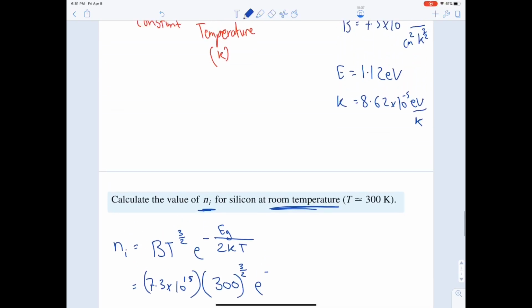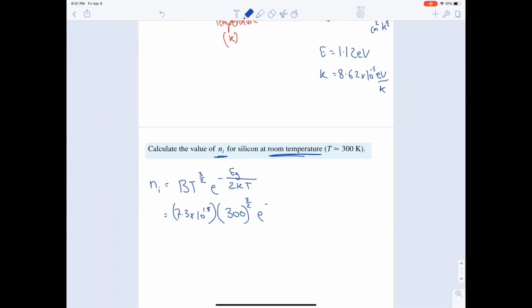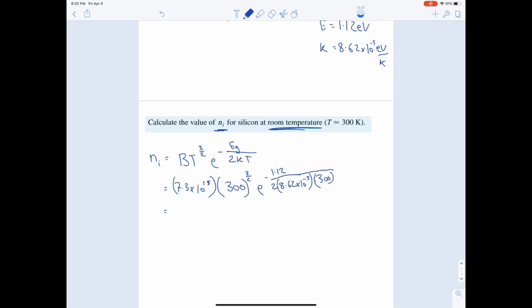What is Eg? 1.12. And 2K. What is K? 8.62 times 10 power of minus 5 multiplied by 300 again. Okay. Now this will give us 1.5 times 10 power of 10 centimeter minus 3. That's the answer. So whenever the question asks us for Ni at room temperature, Ni is directly 1.5 times 10 power of 10. You can memorize this number.